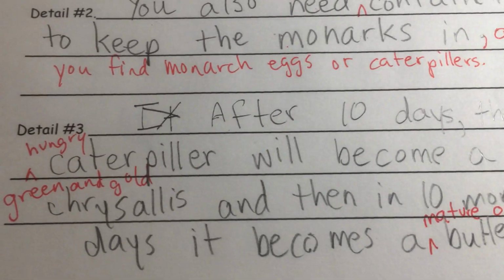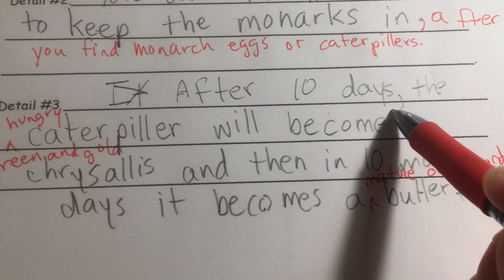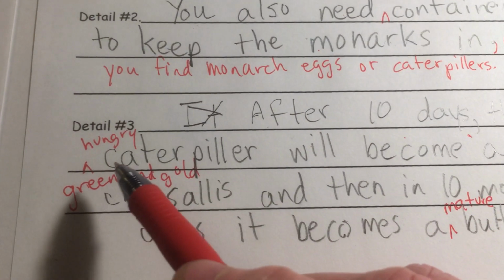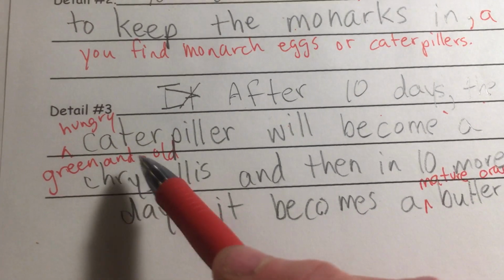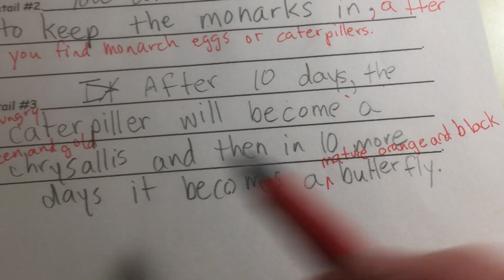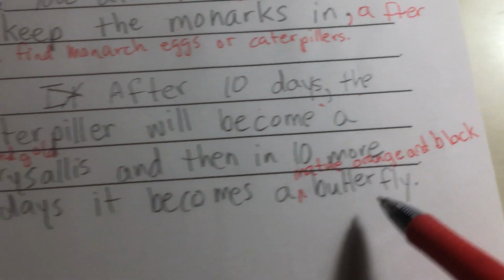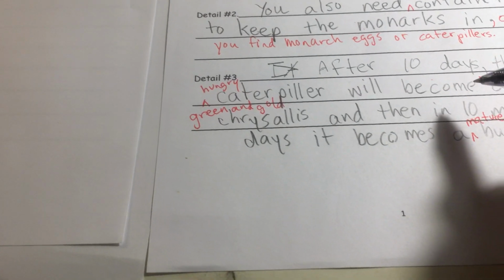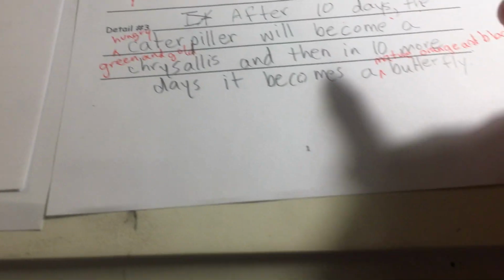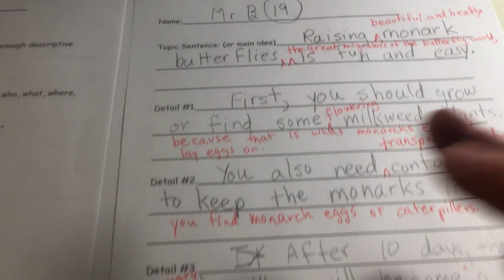And then after 10 days, comma, the hungry caterpillar will become a green and gold chrysalis, and then in 10 more days it becomes a mature orange and black butterfly. That's already got a lot of details in it. I might just say that's already very good. So I'm going to leave it like that.